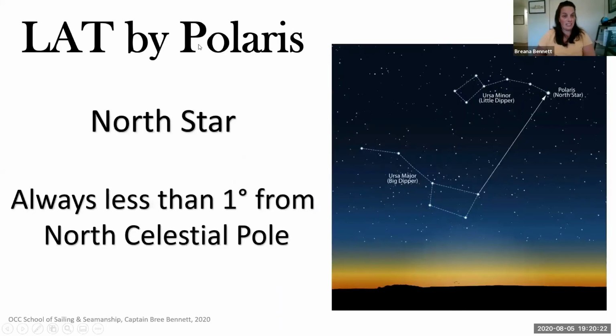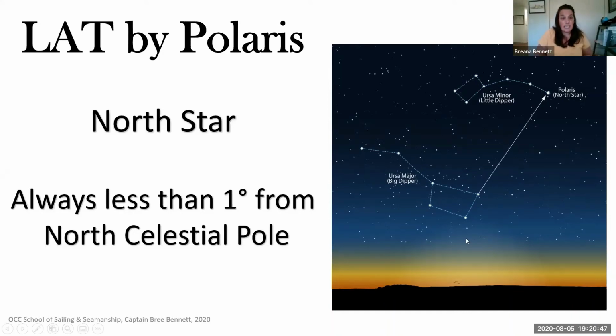Okay, Polaris. Polaris is the term for the North Star, and it is always less than 1 degree from the celestial North Pole. So for this, we're going to assume it's pointing to the North Pole, give or take a little bit.